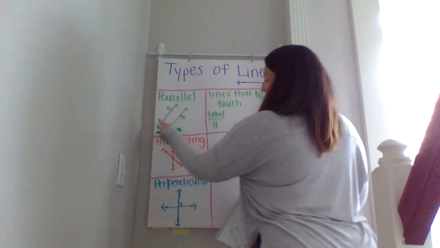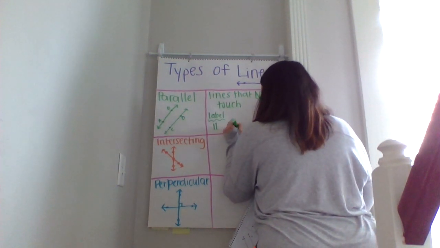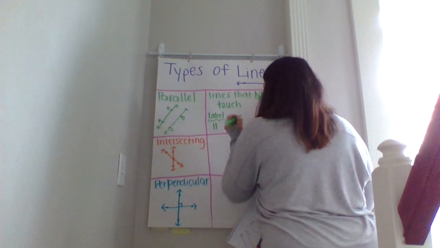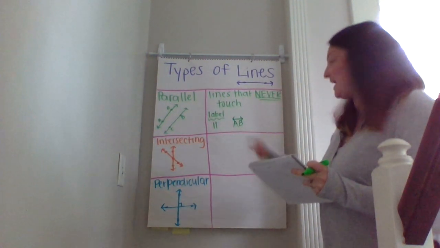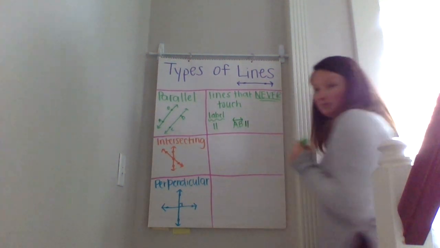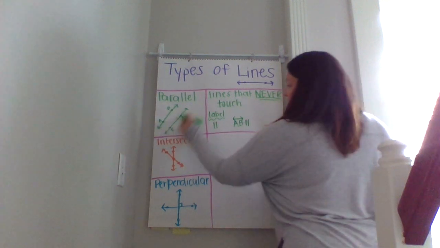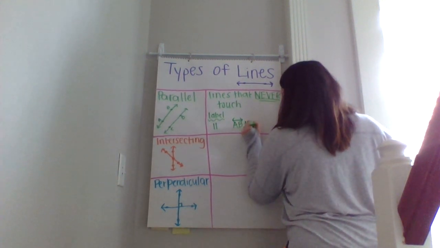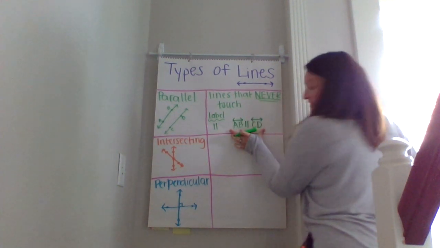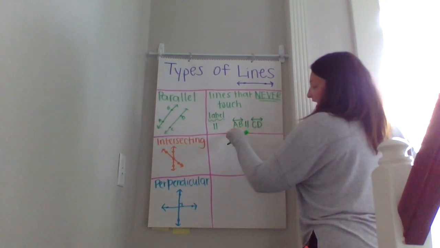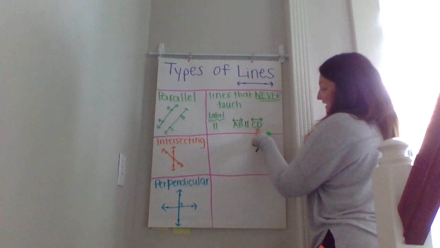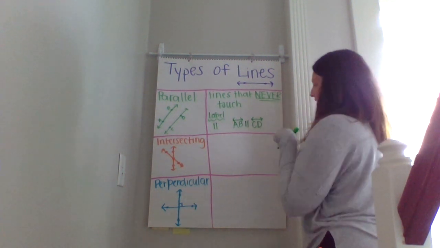So if this is point A and B, remember this would be AB, with a line above it, with the arrows on each side. And then we would put our parallel symbol. And then our other line is CD. So we would label CD. So this math sentence right here says, line AB is parallel to line CD, okay?